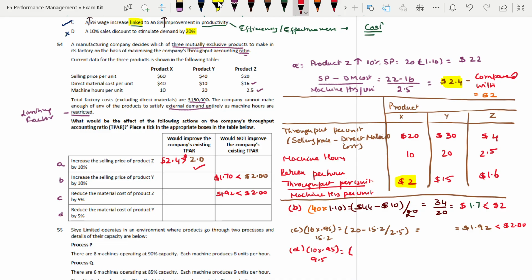Then 40 minus 9.5, divided by the machine hours of product Y, which are 20. 30.5 divided by 20. It comes to how much?